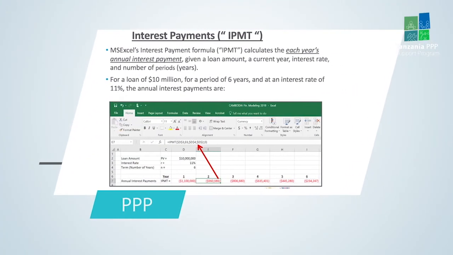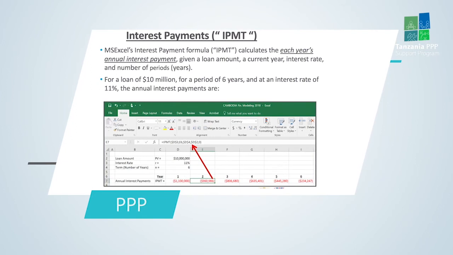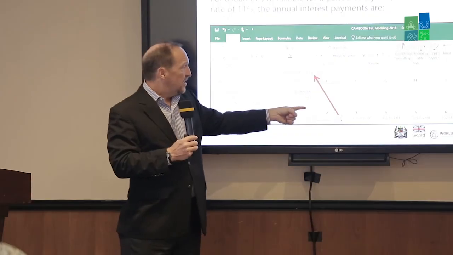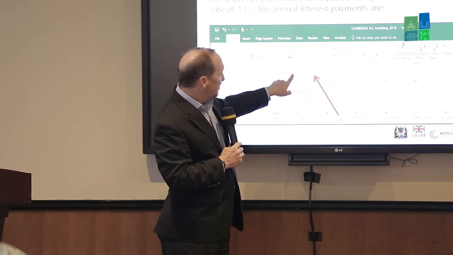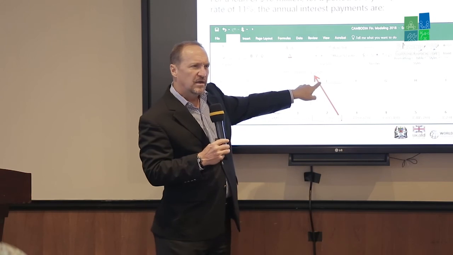Setting it up, however, means there are some input cells here that we want to stay fixed. So for this loan, we're calculating the interest payments during each different year of the loan. This number will stay the same, the present value. The interest rate, the term, that will stay the same. You'll notice, what have I got here before each column letter and row number? What do I have up here, if you can see that?